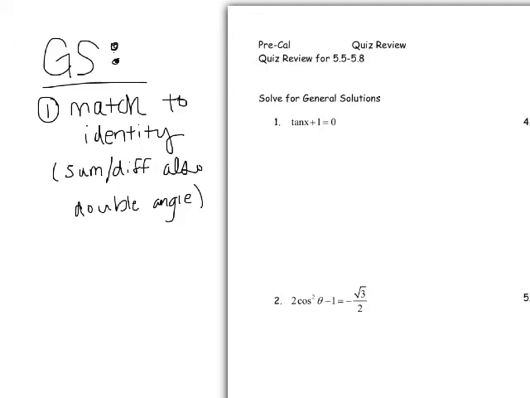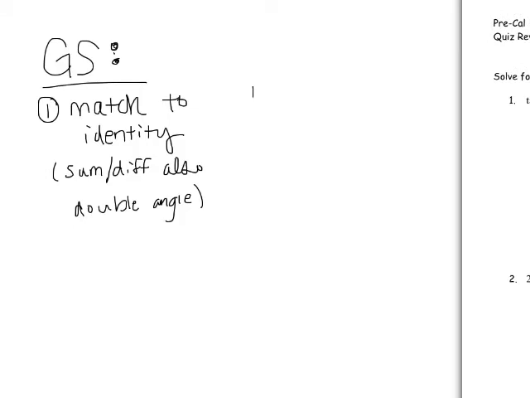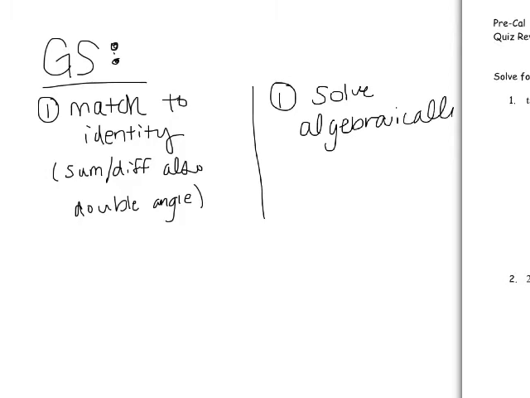And if it doesn't match, so the second type of problem that you have is just to solve, I call it algebraically. I realize that it's not really algebraically, but this is what we were doing on the last notes, where you may have to get all the signs on one side, or you may have to factor. So let's write that.